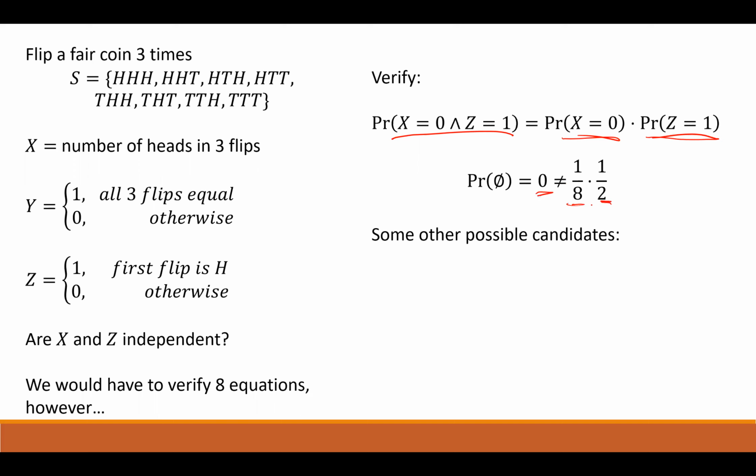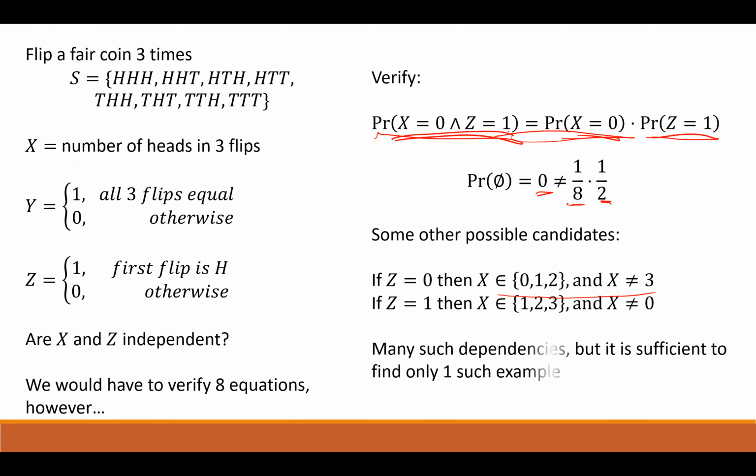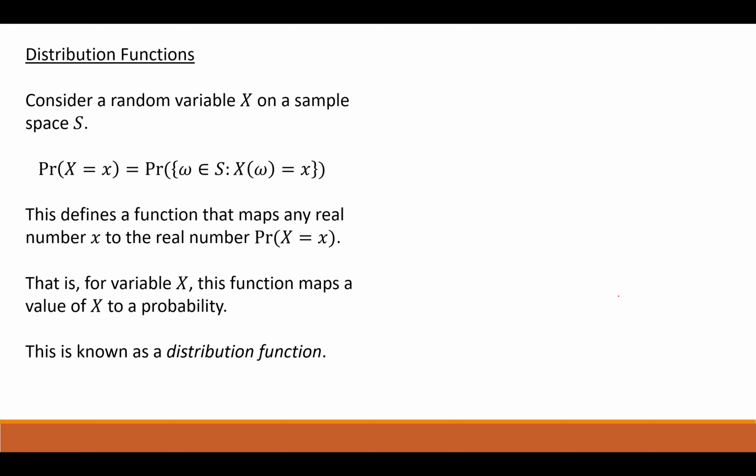These are not equal. Finding 2 events whose intersection is empty is great. You're probably there, but you should still verify this equation. Other possible candidates: z equal to 0, then x cannot equal 3. We only need to find one example. There's lots of such dependencies in this example, but all right.